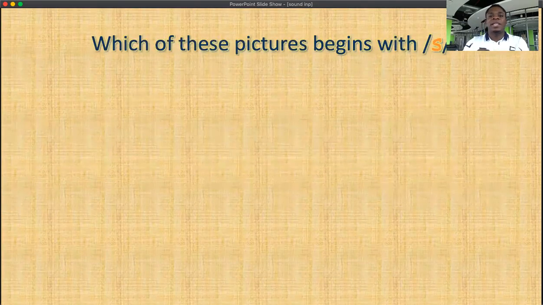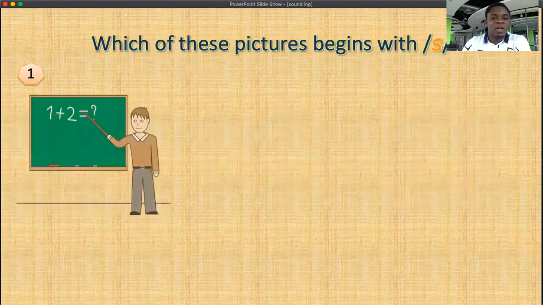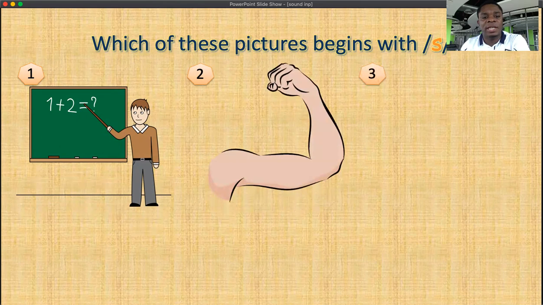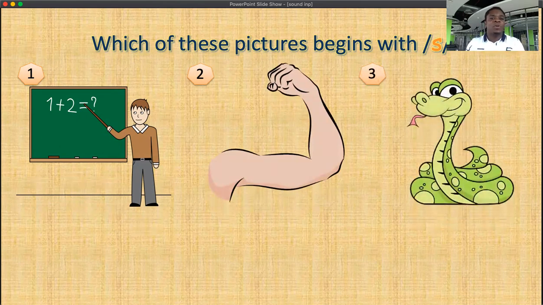Which of these begins with S? Remember the first sound that we learned. Picture number 1, picture number 2, and picture number 3. Which of these pictures begins with S? What is number 1? Let's look at what they are. Picture number 1, teacher.